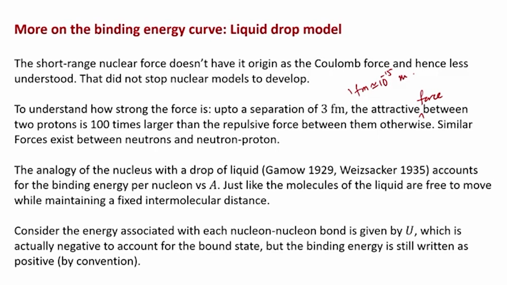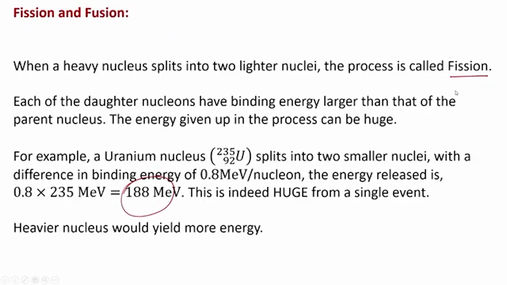Now, thinking of the nucleus as a drop of liquid was quite innovative, and it was conceptualized by Gamow in 1929 and Weizsäcker in 1935. That accounts for the binding energy per nucleon versus A, which is basically the curve that you have seen here.